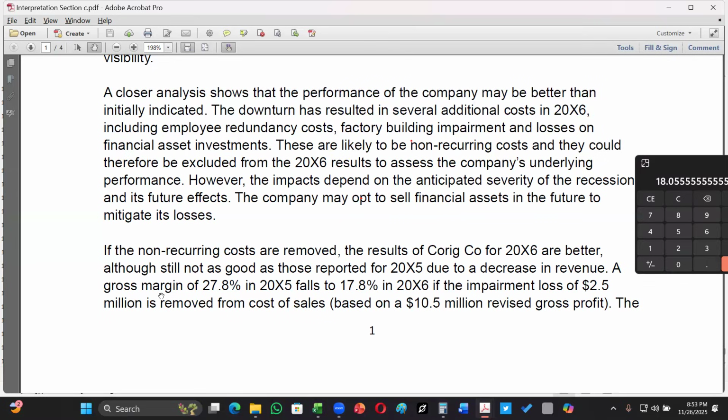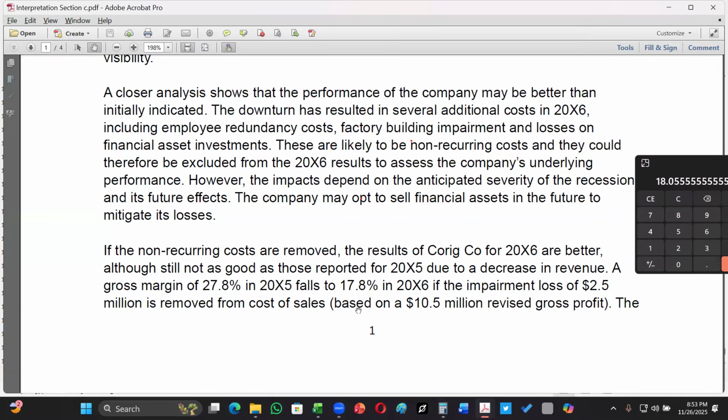Take the gross margin of 27.8: if we take away the impairment cost and the redundancy cost of 1.8 million, we could calculate a gross profit margin, and that would be the one that was 27.8 in 20x5, resulting in a 17.8 million gross profit if the impairment loss of 2.5 million was removed from the cost of sales.